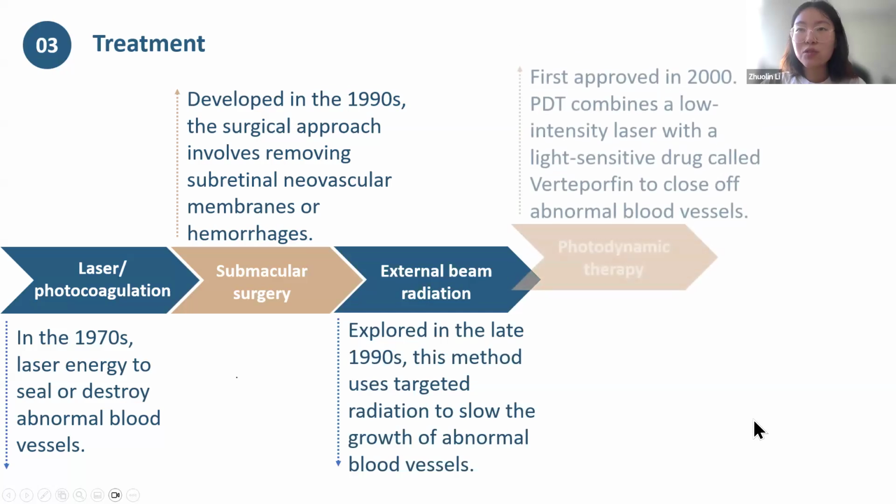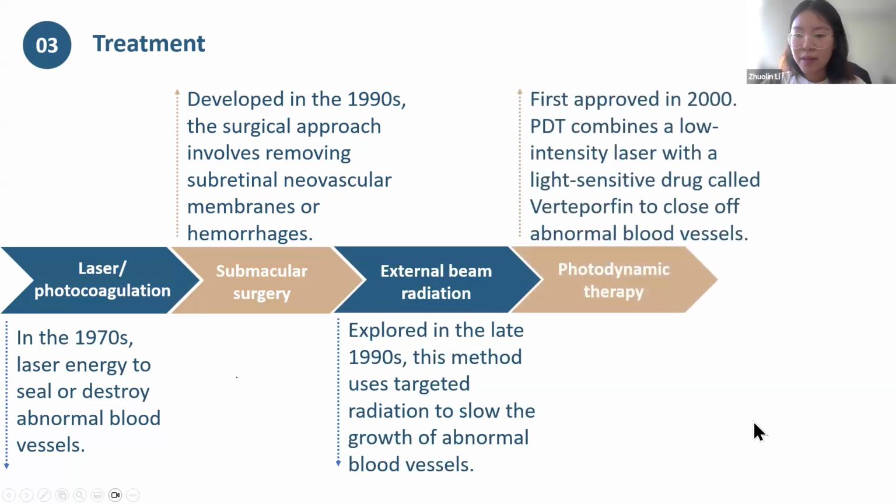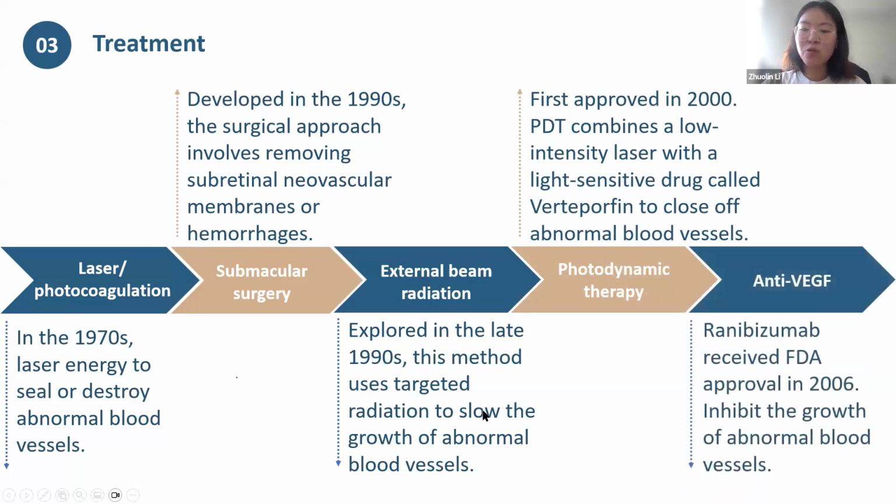By the turn of the century, photodynamic therapy combined laser technology with targeted drugs like verteporfin to improve outcomes. And the breakthrough came in 2006 with the first approval of anti-VEGF therapy, ranibizumab, which transformed the treatment landscape by directly inhibiting the growth of the abnormal blood vessels and significantly improving patient outcomes. So these are all the treatments that we are looking at.